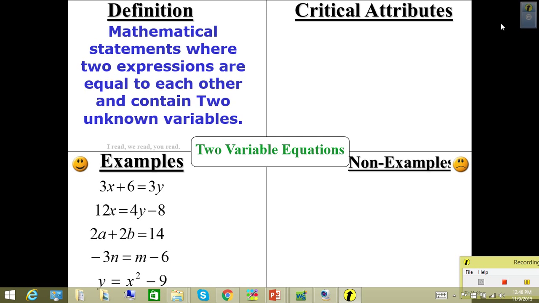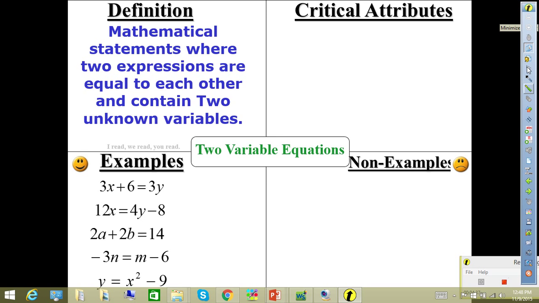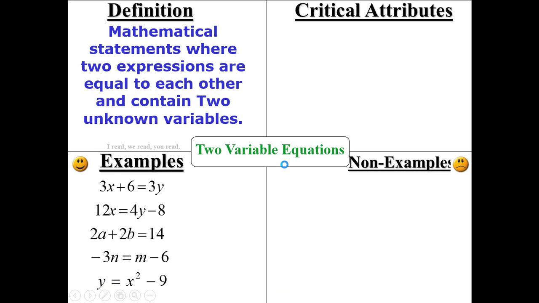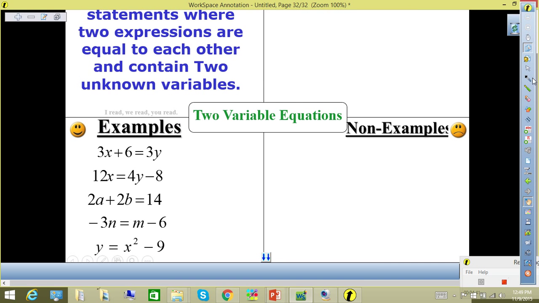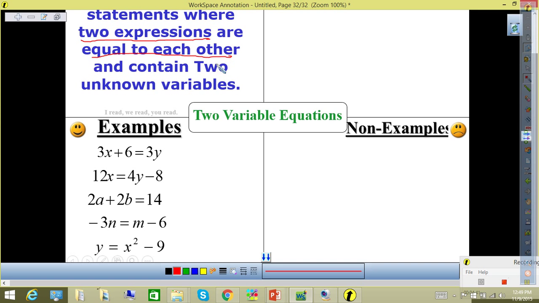So according to the definition, look up please. It says mathematical statements, and the key part here that we remember is two expressions equal to each other. Remember that? And then the last part is two variables. They contain what? Two different variables, two different unknowns.